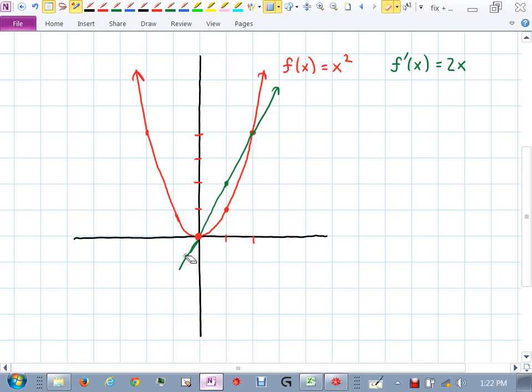Man, can't draw a straight line. There we go. So that one is f prime of x is 2x.